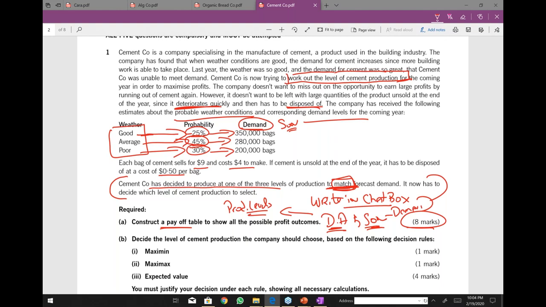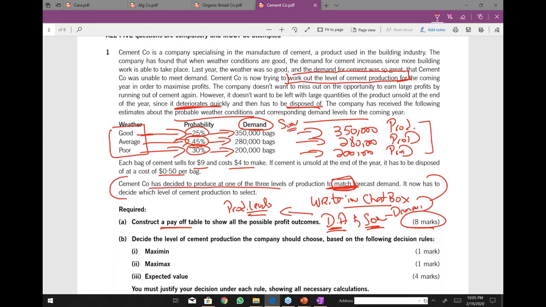If demand is 3,50,000, one option they have to match is to produce 350,000 bags. If demand is 280,000, the other option they have is to produce 280,000 bags. This is how you can match the production levels with demand. If demand is 200,000 bags, you can produce 200,000 bags, and this is the third production level.